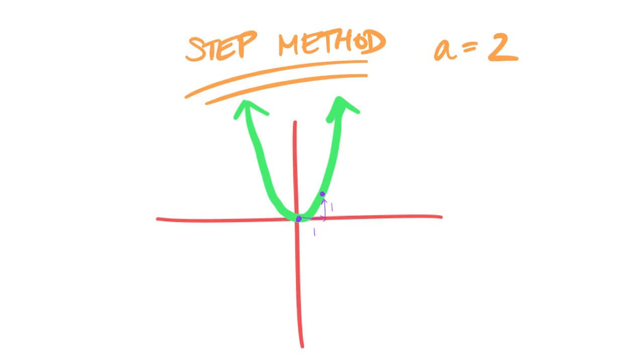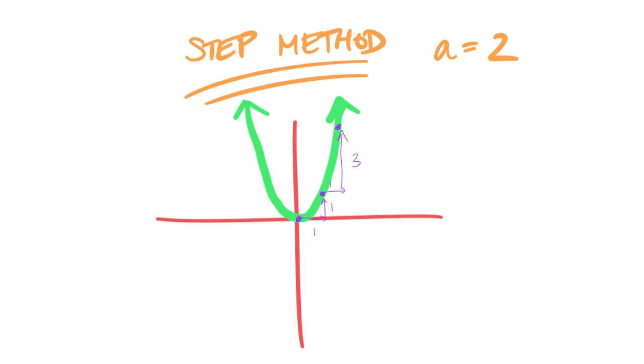But then to go to my next point, up here at (2, 4), I go across 1 again, but now I go up 3. If you want to think about that as steps: over 1, up a bit, over 1, up more. Specifically, over 1, up 1, over 1, up 3.